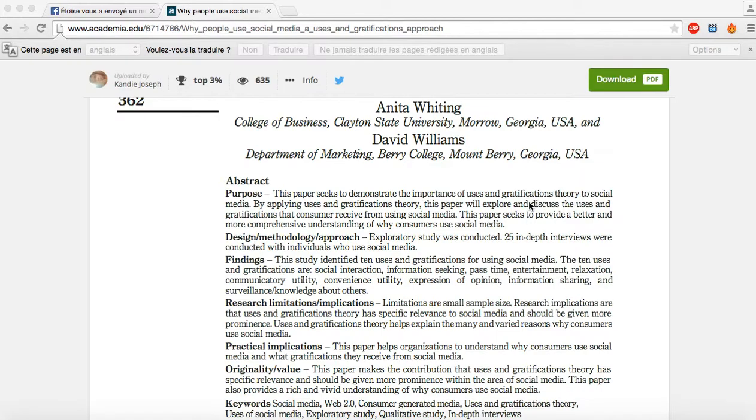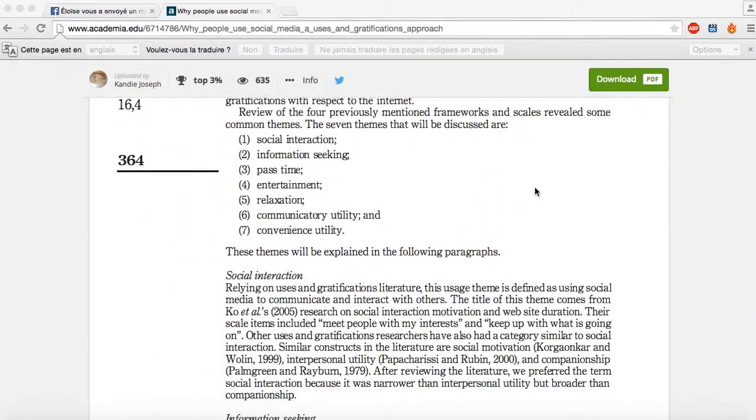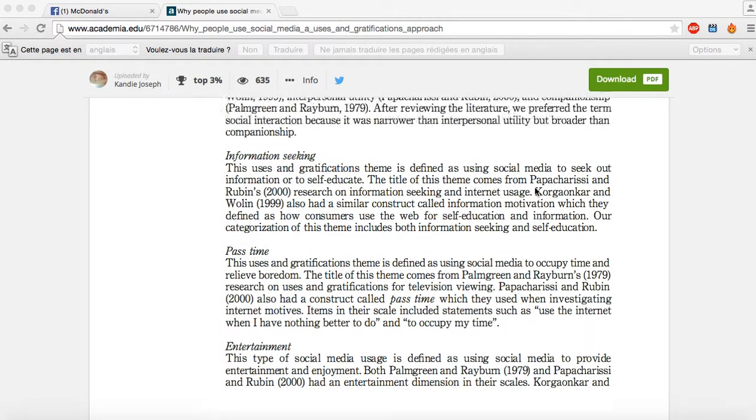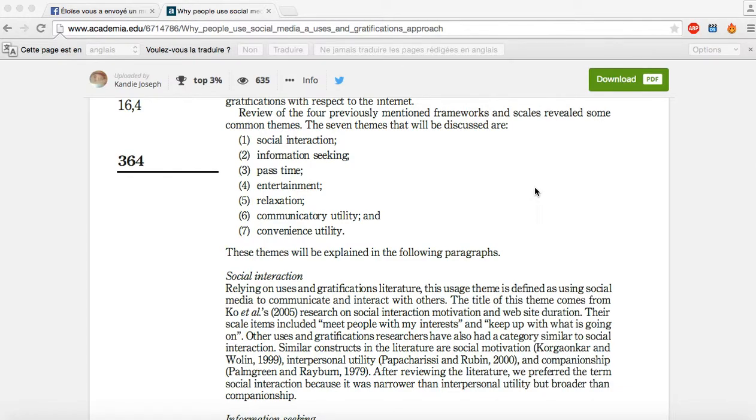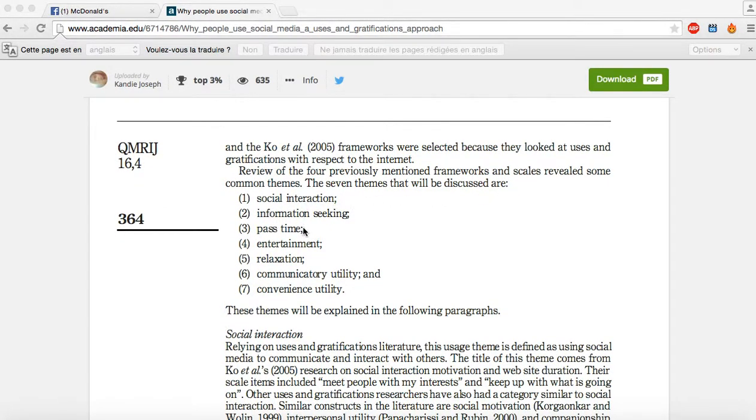It identified 10 uses and gratifications for using social media, which are social interaction, information seeking, pastime, entertainment, relaxation, communicatory utility, convenience utility, expression of opinion, information sharing, and surveillance knowledge about others. But as you can see, the authors focus on the first seven themes.